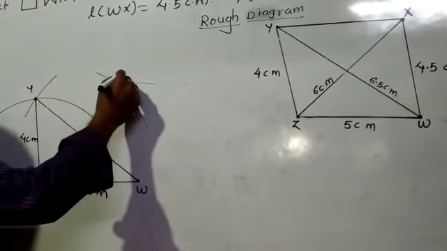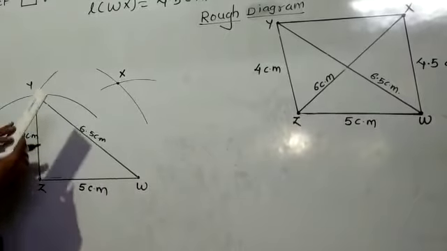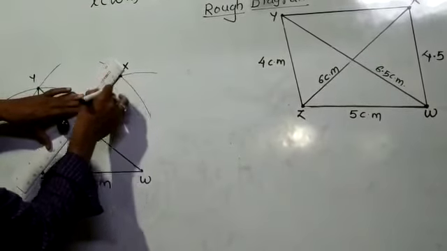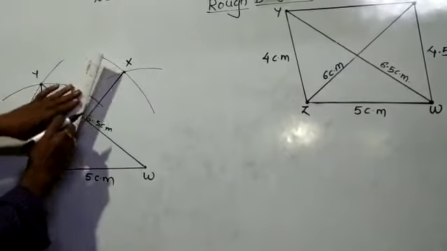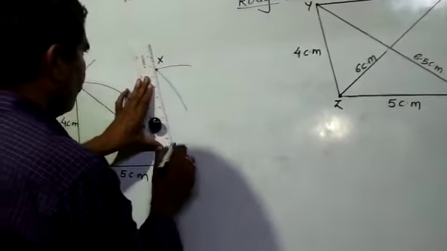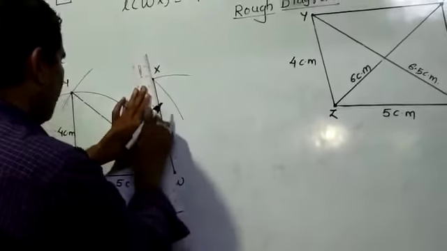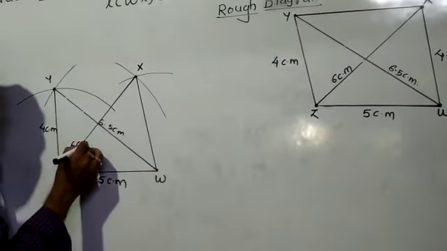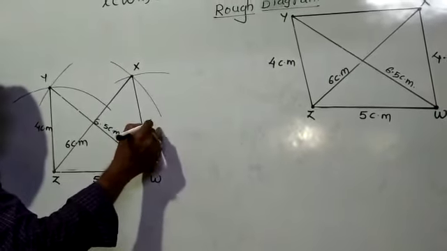Then you have to draw this XZ and you have to draw this XW. This distance is 6 centimeter and this one is 4.5 centimeter.